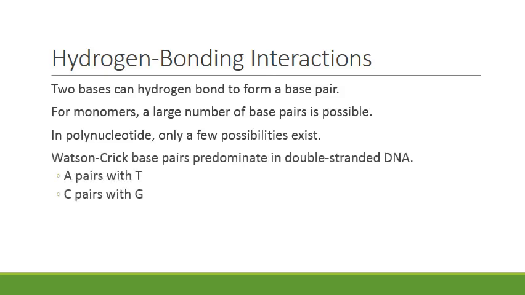So the Watson and Crick idea of base pairs, predominantly in double-stranded DNA states, is that A's always pair with T's and C's always pair with G's. Okay, so purines pair with pyrimidines.